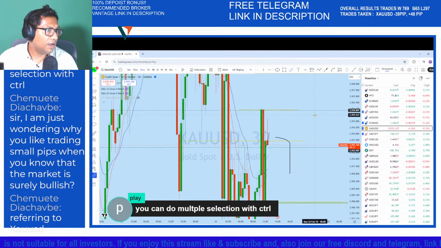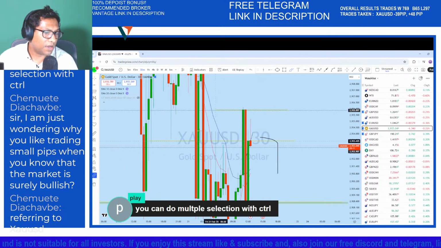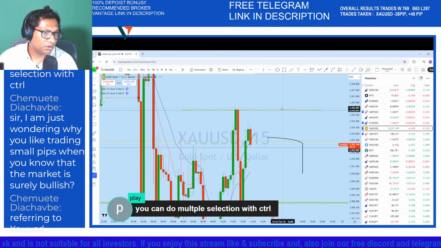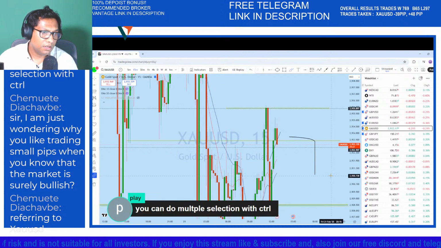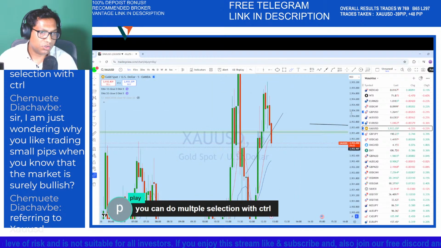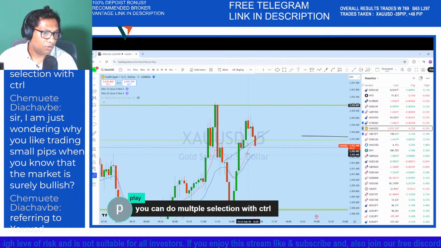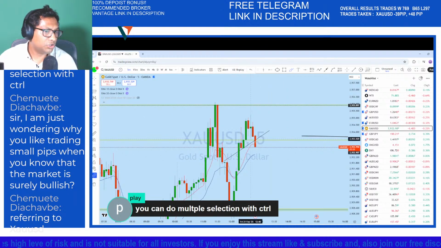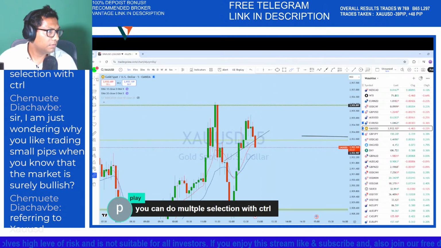The market on the 30 minutes chart dropped down here, 15 minutes also coming down here, and then 5 minutes also coming down here, which is approaching an important support level.